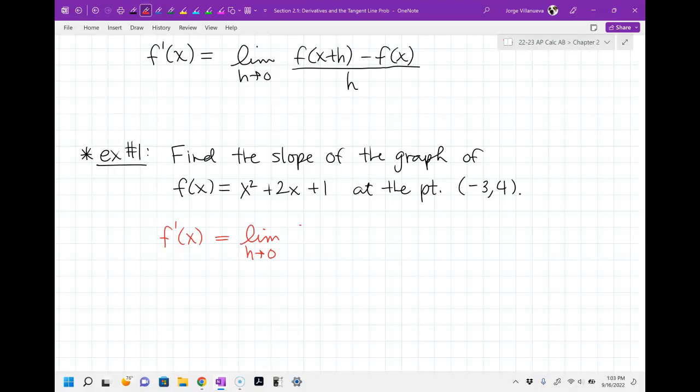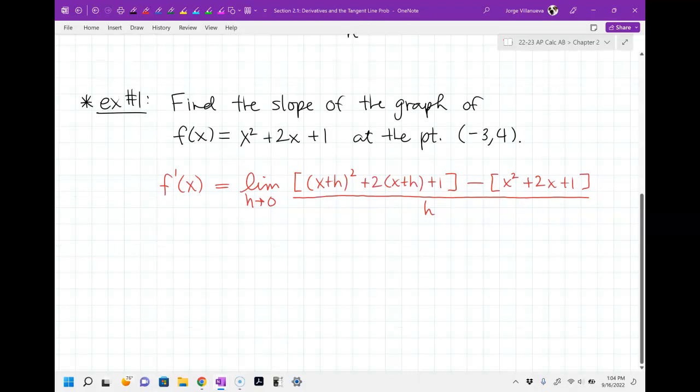So it's going to look like this: x plus h quantity squared plus 2 times x plus h plus 1 minus f of x. Well, f of x is x squared plus 2x plus 1. And all of that gets divided by h.